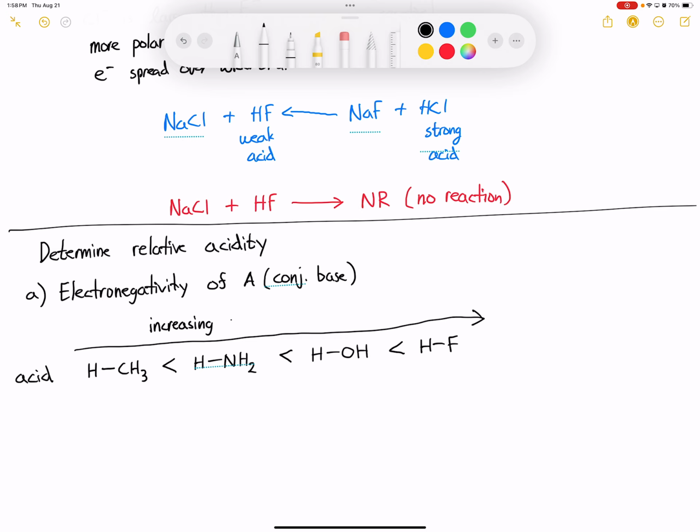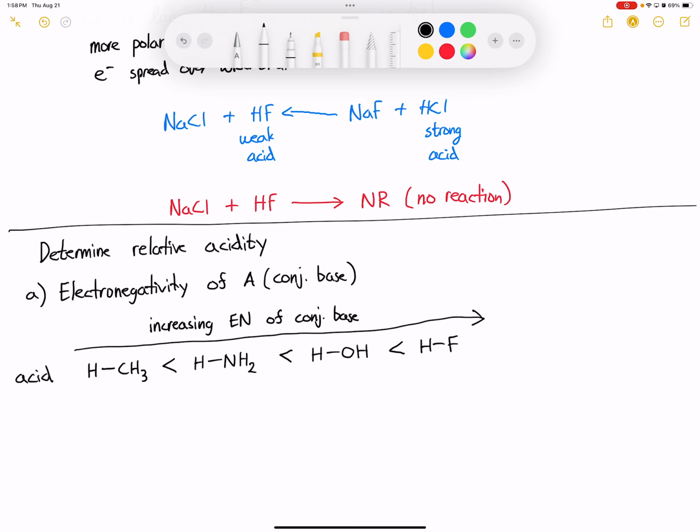Increasing electronegativity. So I'm going to write this as EN, the electronegativity of the conjugate base. But what do we know about these relative acid strengths? Is water a stronger acid than HF? No. So HF here is the strongest.